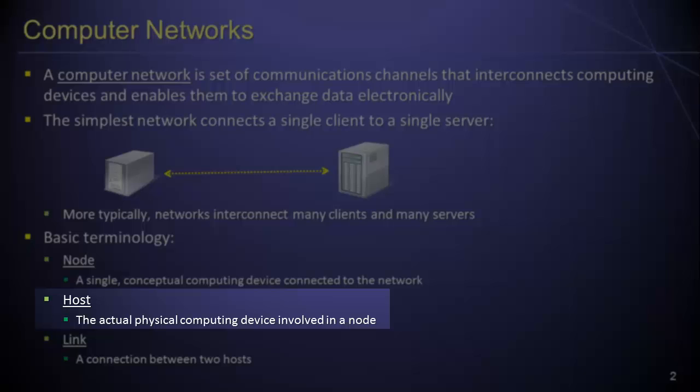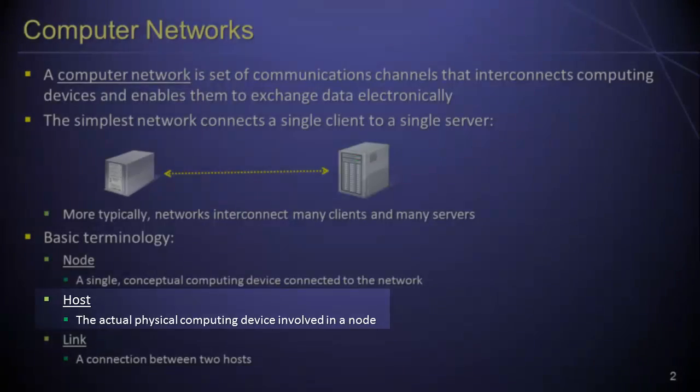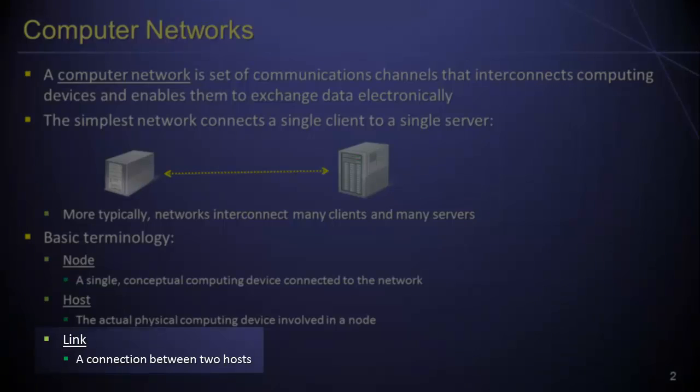Other physical devices that are connected to the network, such as routers, firewalls, and so forth, are also considered to be hosts. Finally, we have the term link, which refers to a connection between two hosts. As with the term node, the term link is more of a logical, abstract concept, since in reality there are many different methods and communications media through which two hosts might be interconnected.